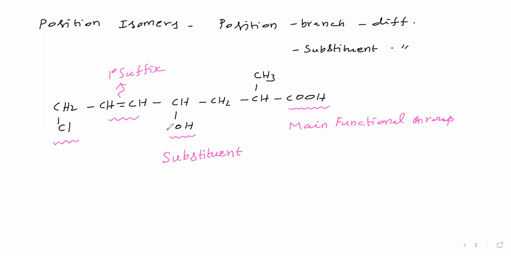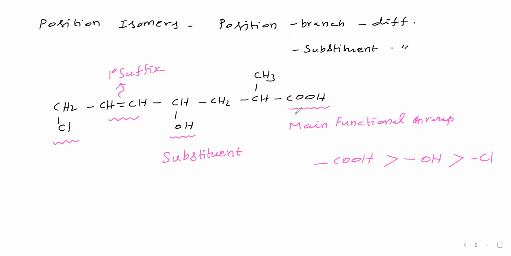This priority for functional groups is decided based on their reactivity, their chemical properties, and many factors. In priority order, carboxylic acid has higher priority than the alcohol group, which has higher priority than halogen. So carboxylic acid is the main functional group.